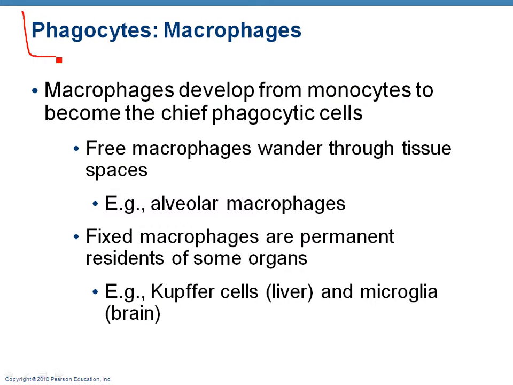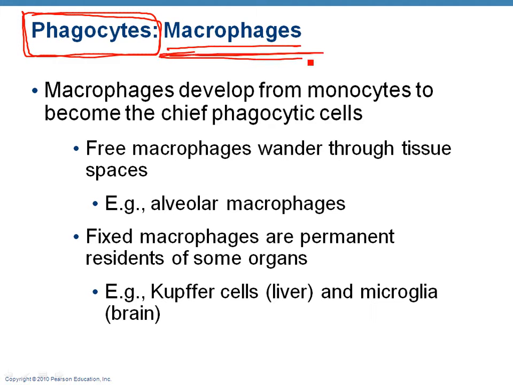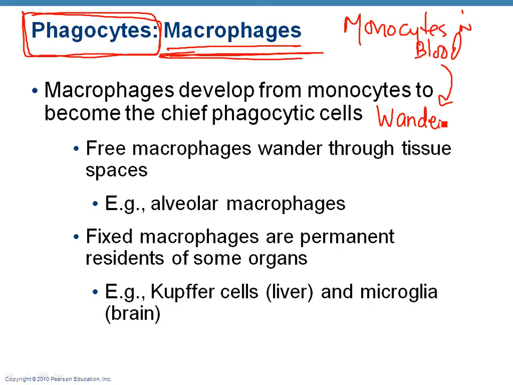Let's talk about these phagocytic cells. These are a really important part of your militia, your army that's attacking these foreign invaders. Macrophages are really, really important. Hopefully you remember that monocytes in the bloodstream can become wandering macrophages in tissues.